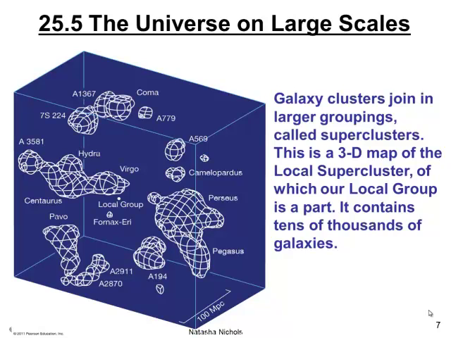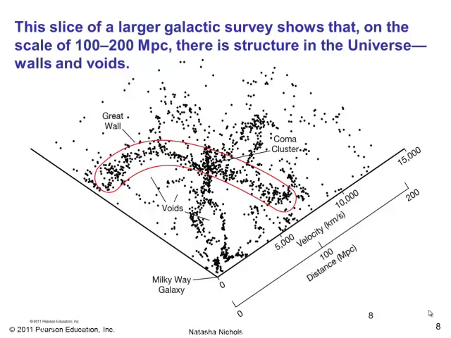Here we have the first slice of a survey of the universe covering 1,732 galaxies out to an approximate distance of 200 megaparsecs, and it clearly shows that galaxies and clusters are not randomly distributed on large scales.